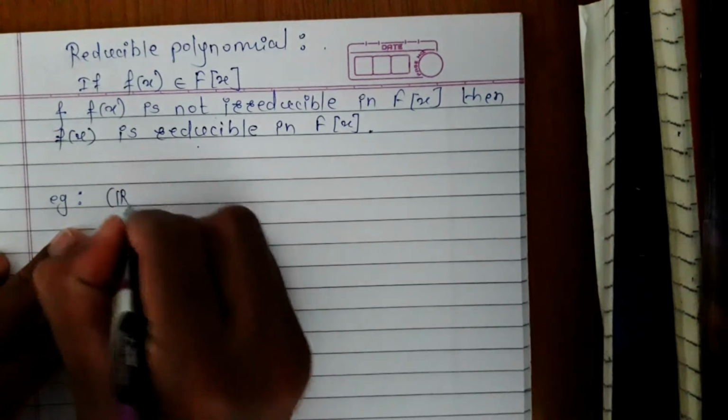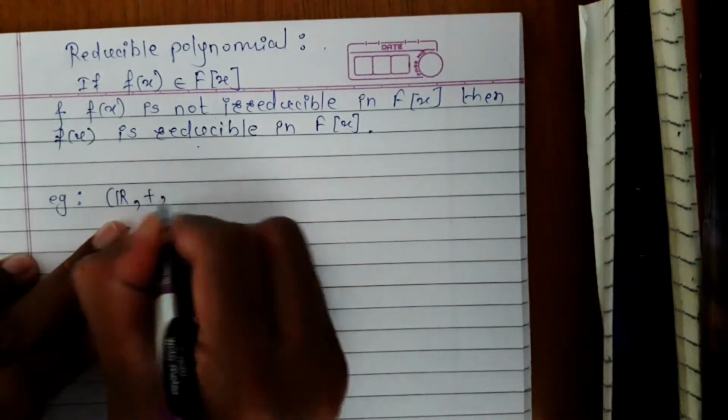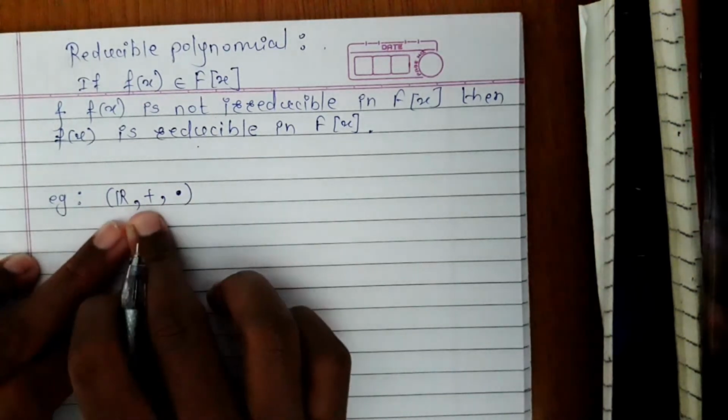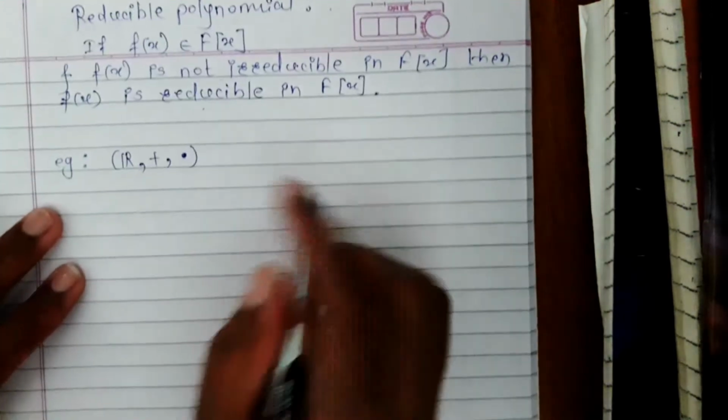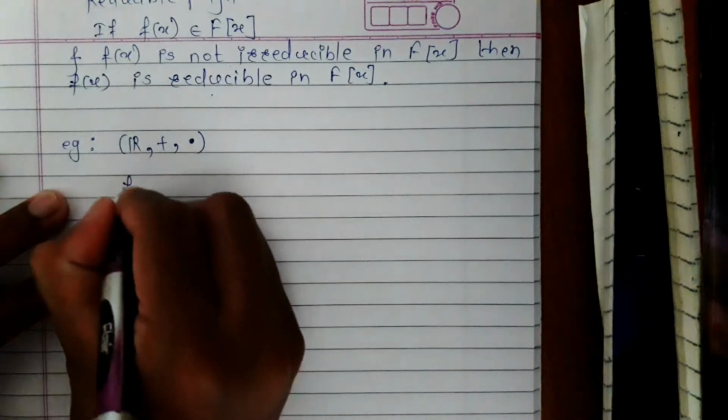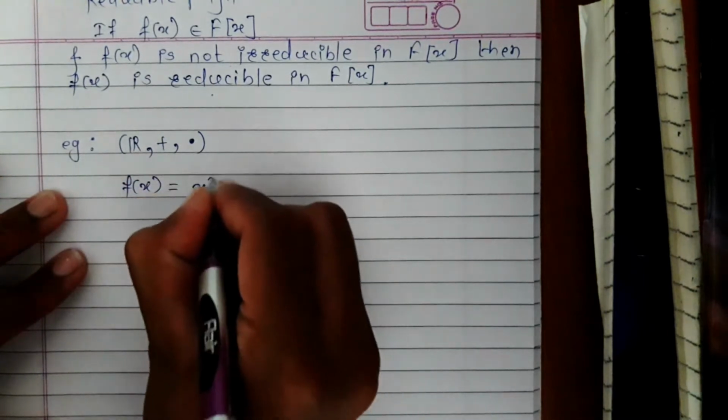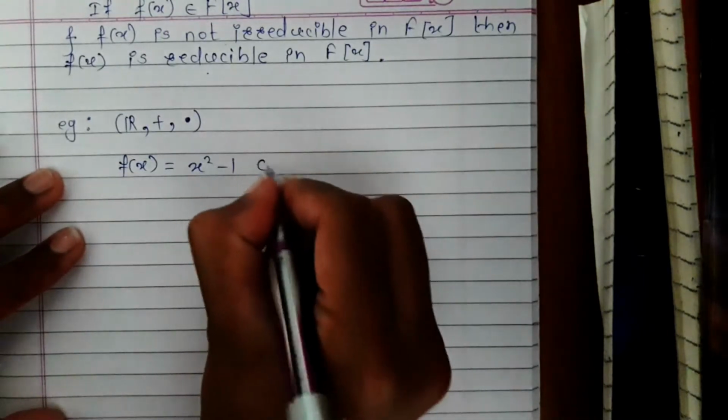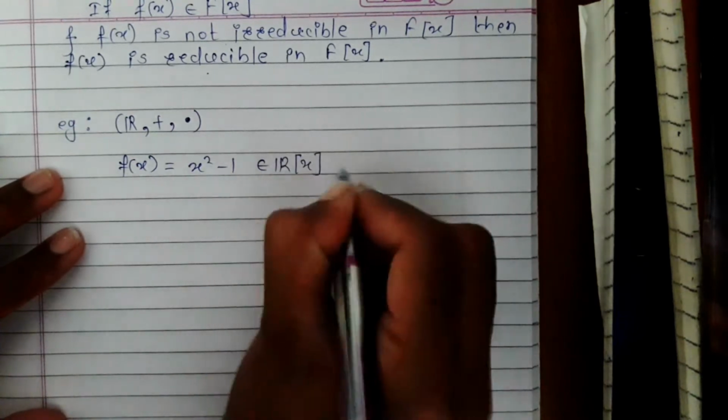For example, again we consider the same field, the set of real numbers with respect to binary operations addition and multiplication. Then the polynomial f(x) equals x square minus 1 belongs to polynomial ring R[x].